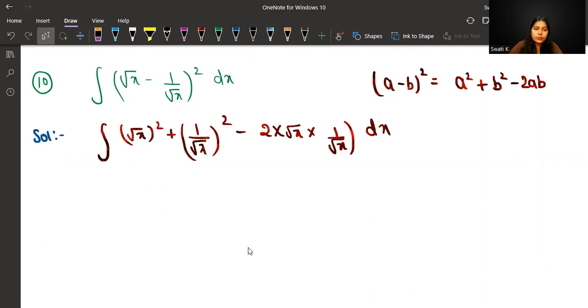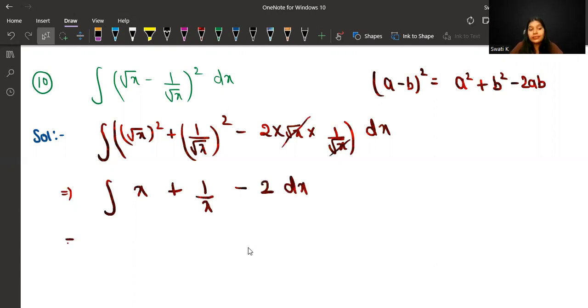Now root x square will become just x because root and square will get cancelled. Here 1 upon root x whole square is again x because square and root will get cancelled. And here root x will get cancelled, so just minus 2 dx.